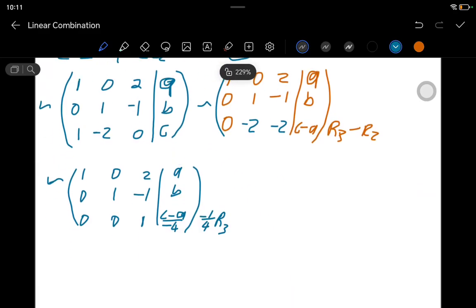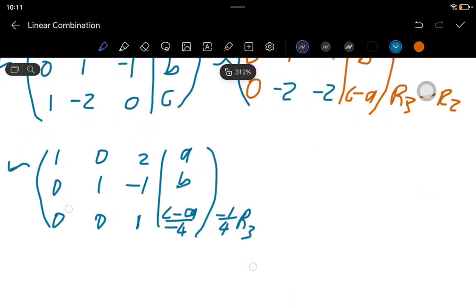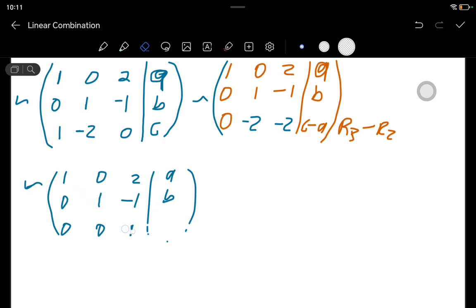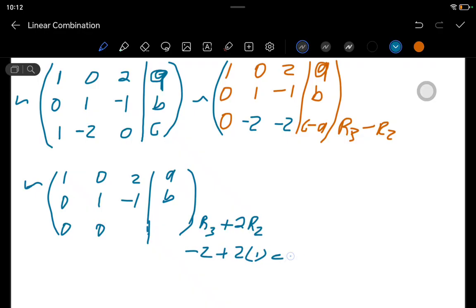Yeah, this is fine. And then from here, I needed to change this to a 0 before I change anything here. It means that I need to say row 3 plus 2 row 2. Minus 2 plus 2, 1 gives us a 0, which means that it's correct.